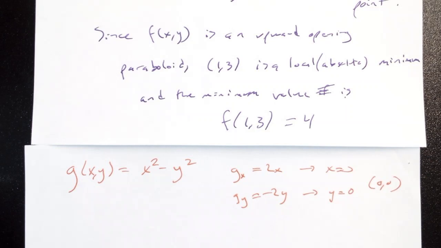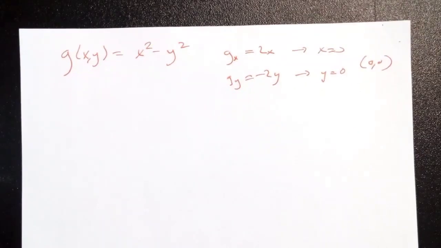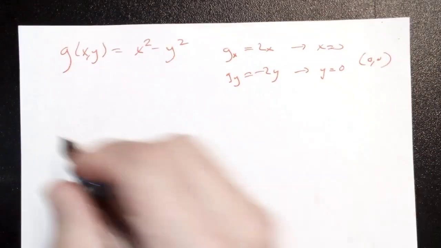What shape is this? Chapter 12, section 6. Aha. This shape's a hyperbolic paraboloid.